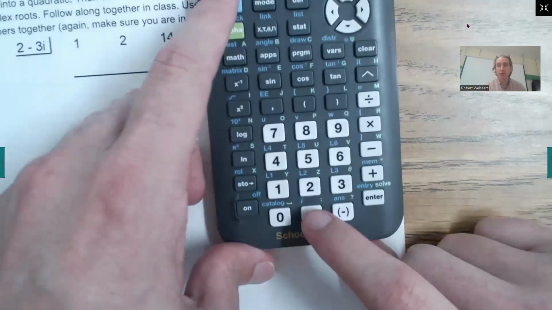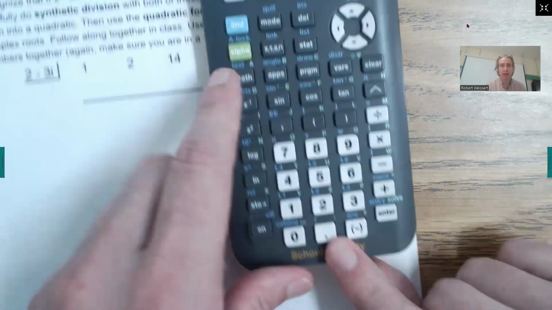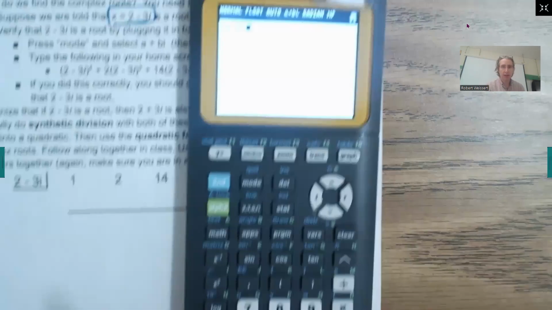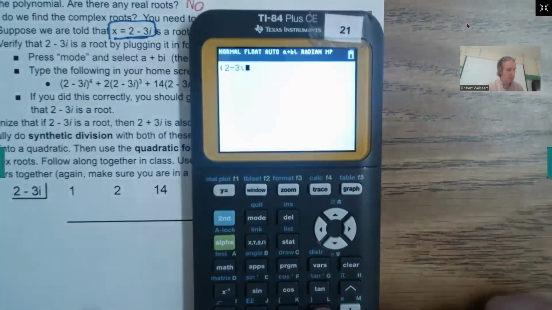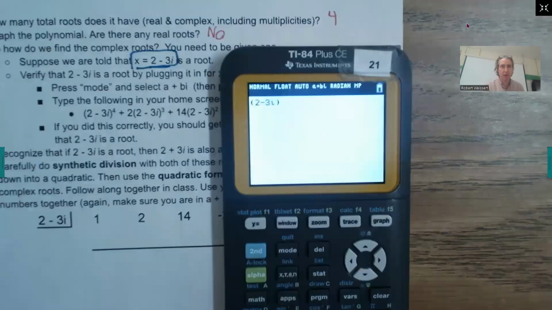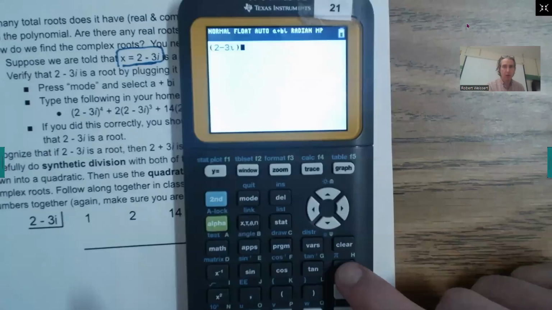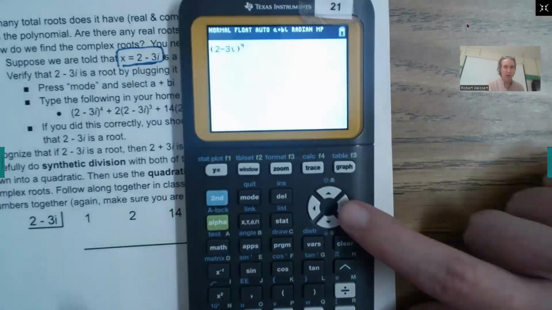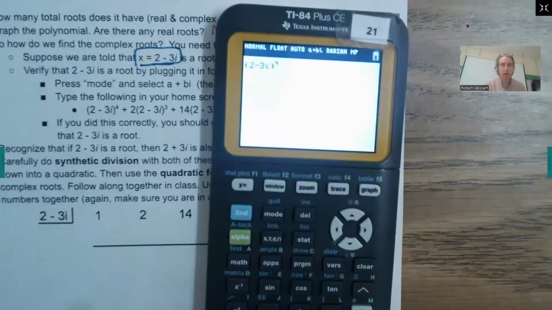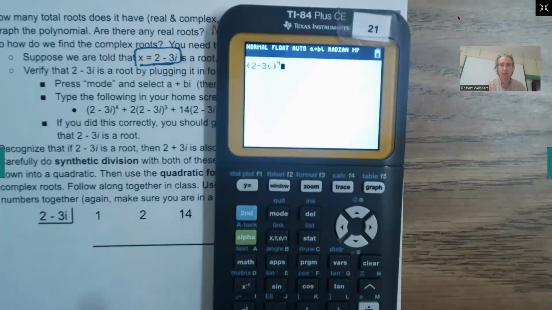I is the second function of the decimal. So you'll hit second dot, and that's going to put an i there. Close the parentheses up. You have plugged in 2 minus 3i for x. It says to the 4th power, so hit the exponent button, put 4, and then hit the right arrow button to go back down. Do the same thing with all the other ones.